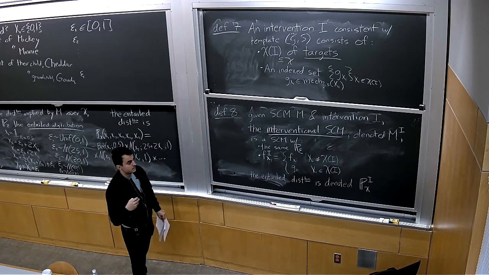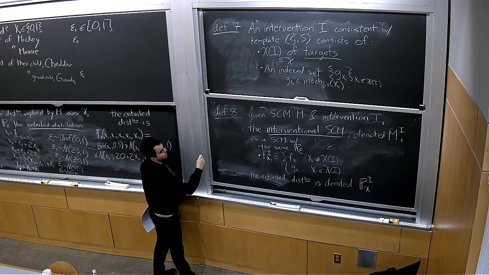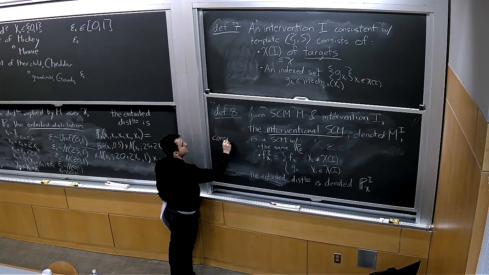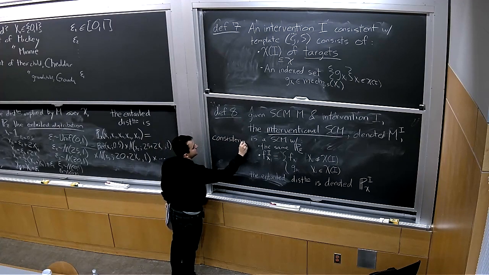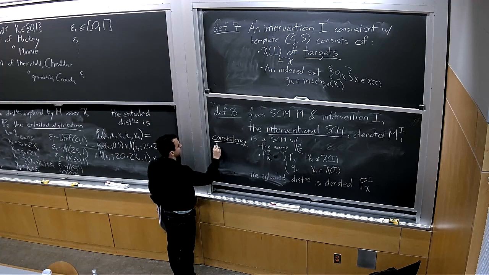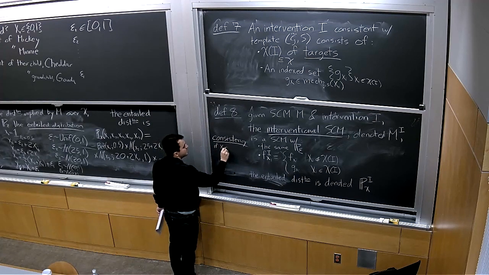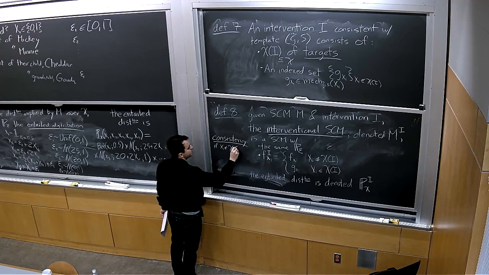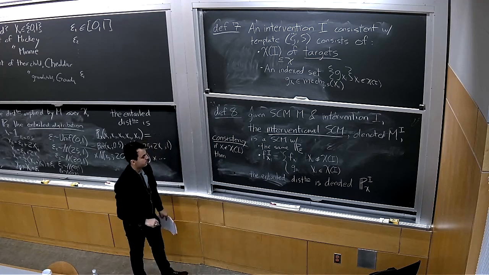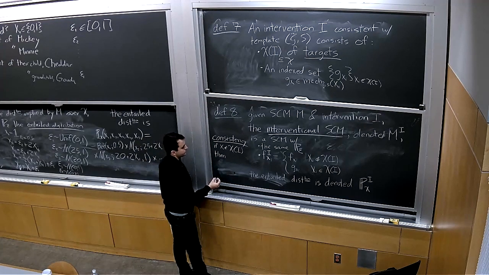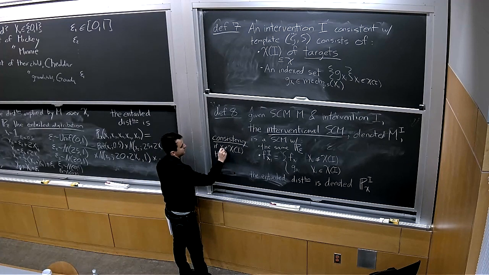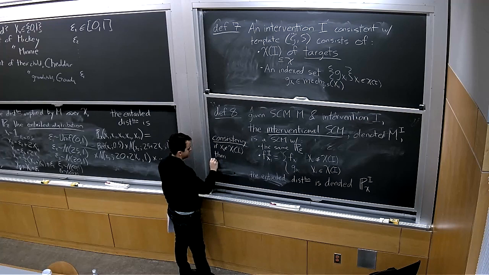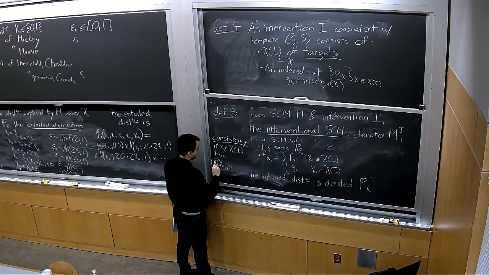One of the consequences of that, which is important enough that I'll put it on the board, is consistency. It says that if X_i is not an intervened variable, then this probability distribution of X_i given its parents is going to stay the same.